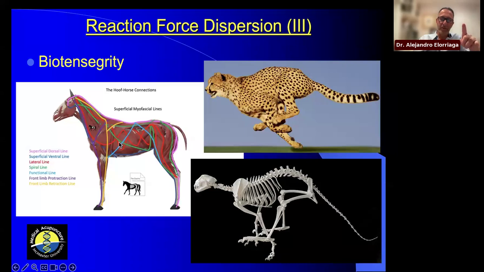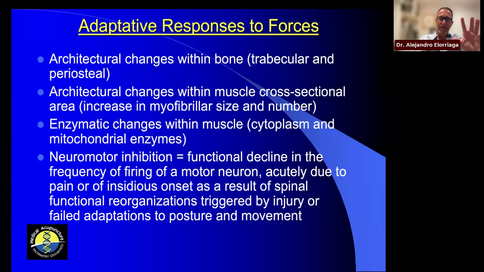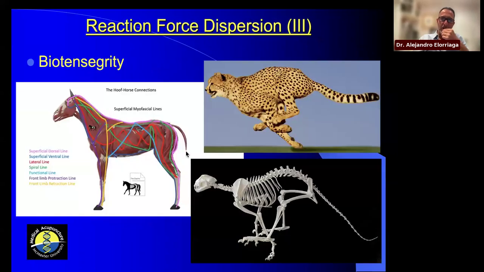But this 3D continuum is not just macroscopic, it's microscopic as well, because all the way to the cytoskeleton of the cell, we are a tensegrity structure. So this is about design, and this is about understanding the game of forces.